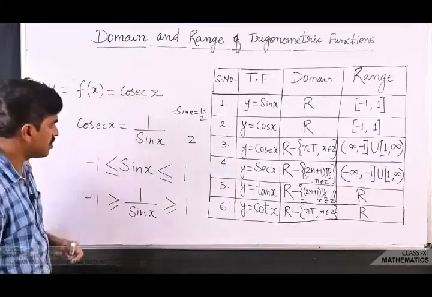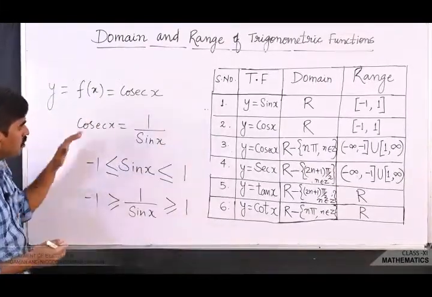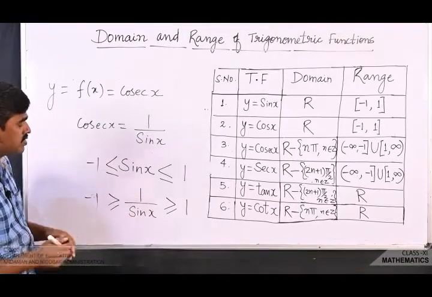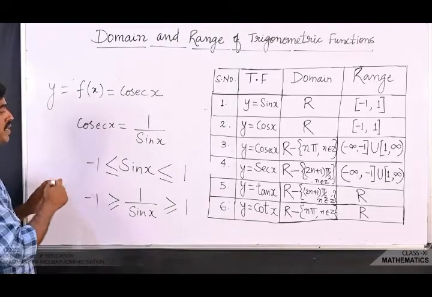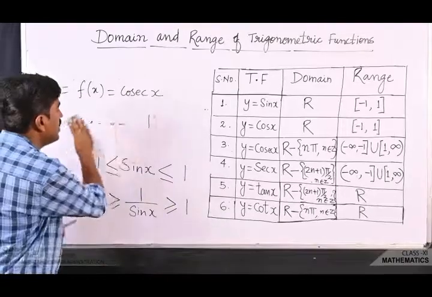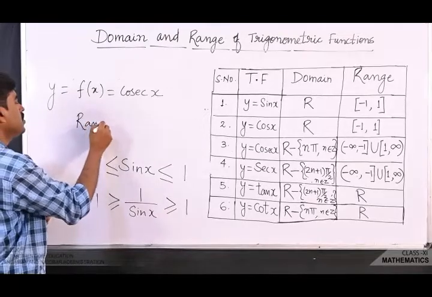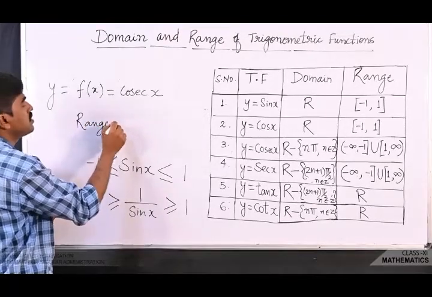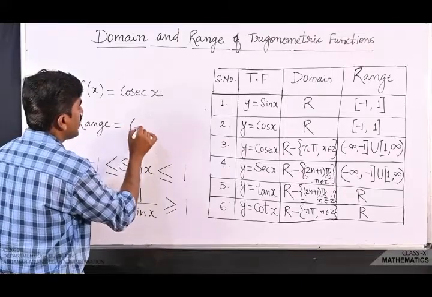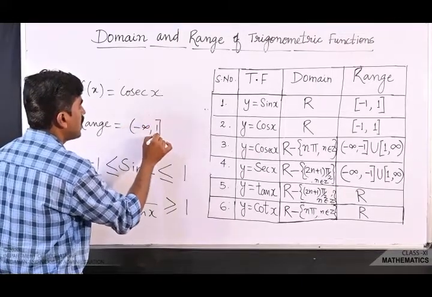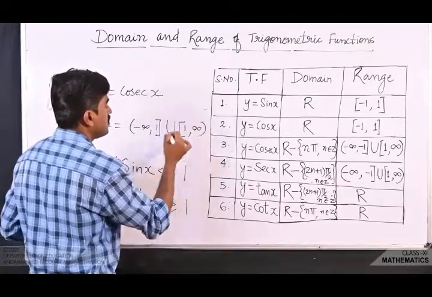That means if we take the reciprocal, that is 1 by sin x, 1 by sin x is greater than or equal to 1 or less than or equal to minus 1. So the range of cosec x is minus infinity comma minus 1 union 1 comma infinity.